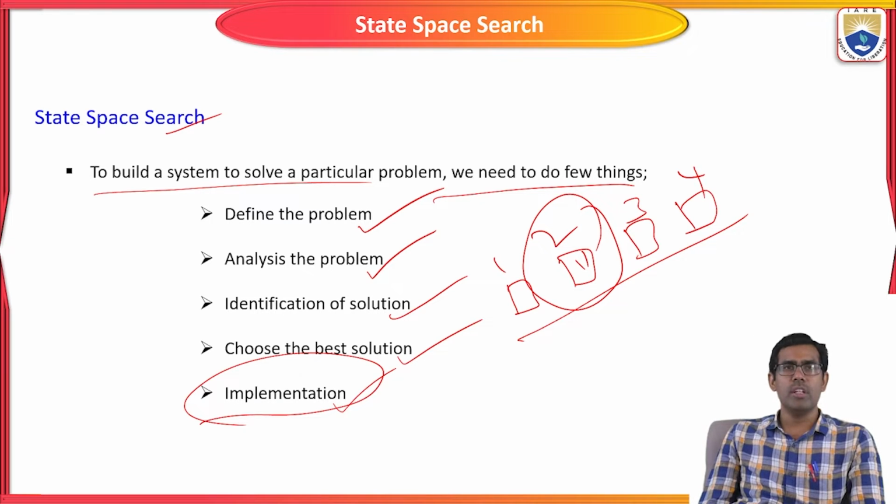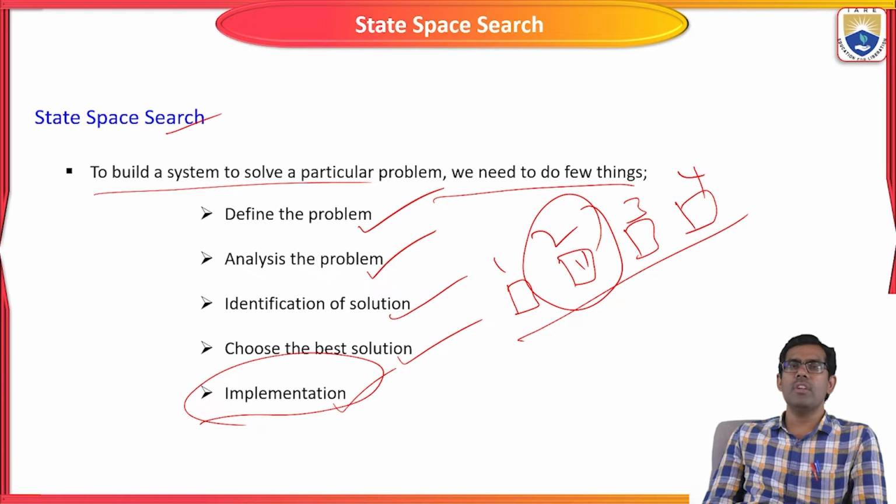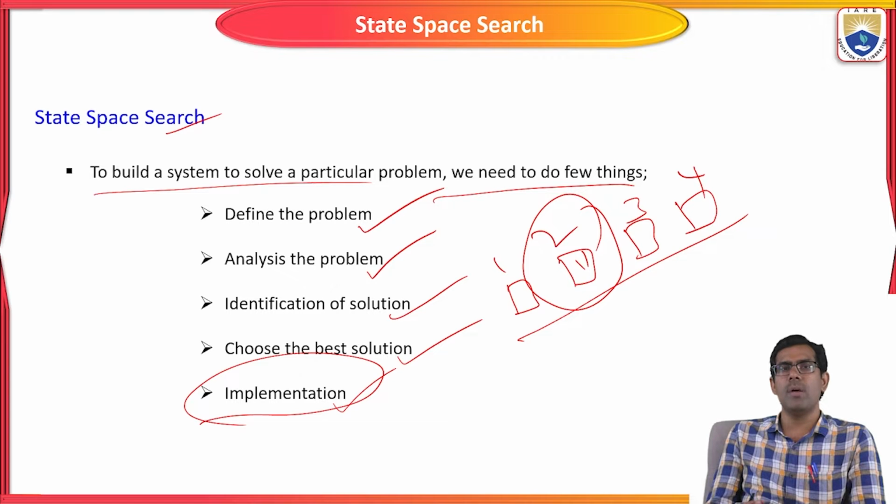So, before starting that, we take the definition of the problem, analyze the problem, and identify solutions based on that particular problem statement. Again we have to choose the best solution from this set of solutions. The last step is to implement the appropriate or optimal solution from the collected solutions.